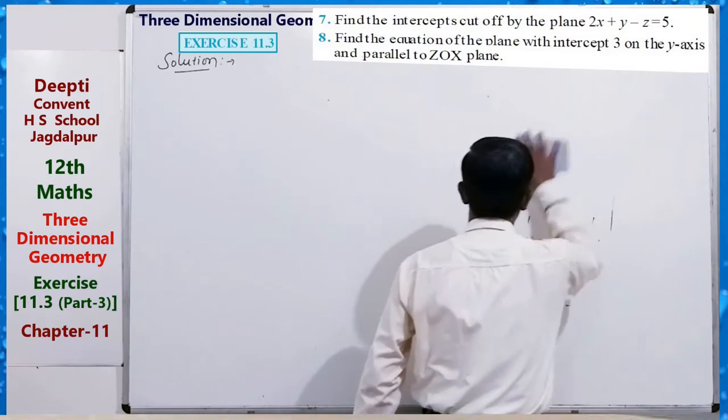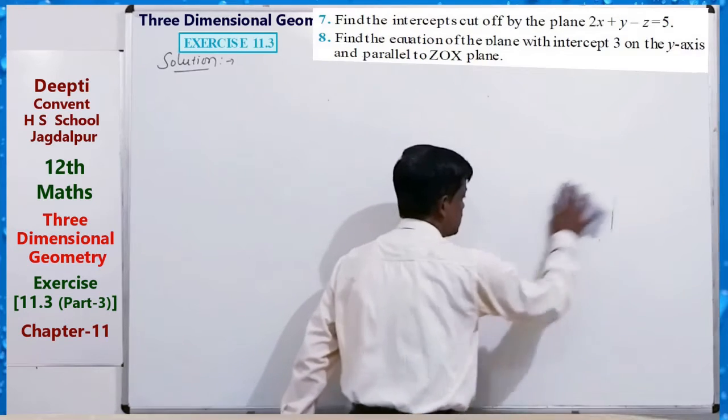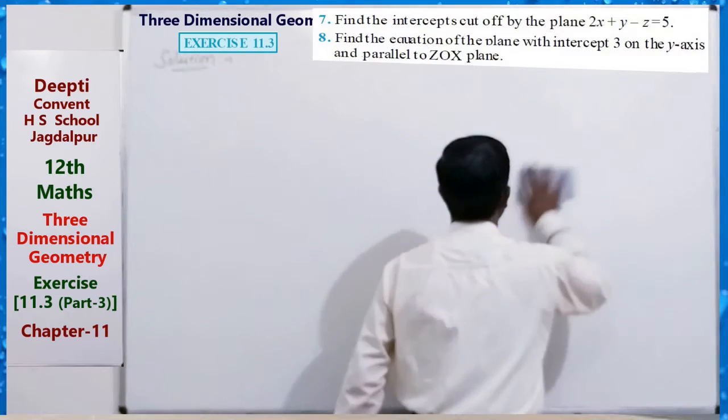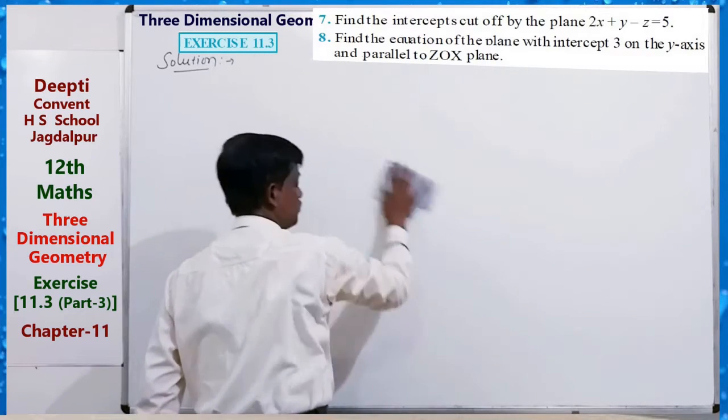So here we have to find the intercepts on the x-axis, y-axis and z-axis. That is, for us, finding the values of small a, b, c.